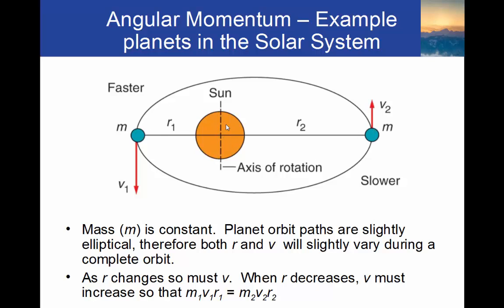It makes an elliptical orbit with the sun sitting at one of the foci of the ellipse. The two focal points of an ellipse you can think of like this: if you wanted to draw the ellipse that this planet is going around on a piece of paper, you'd put a piece of paper down, stick one push pin here, and stick another push pin at the other focal point.